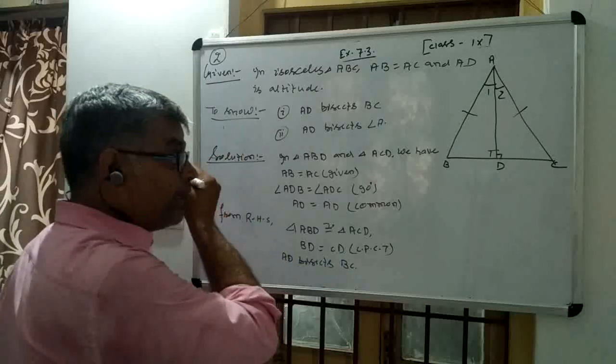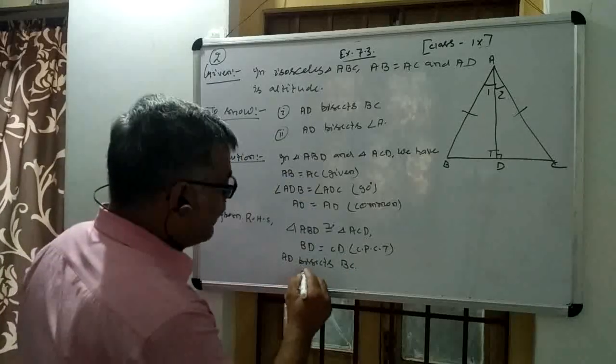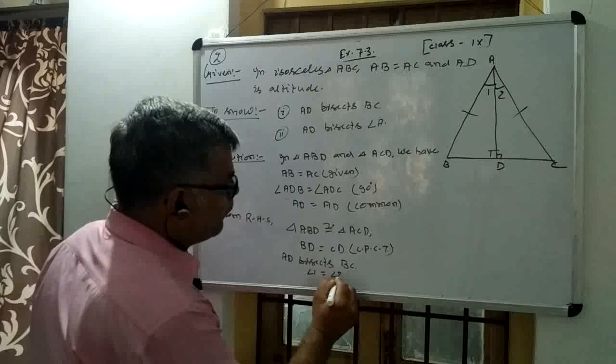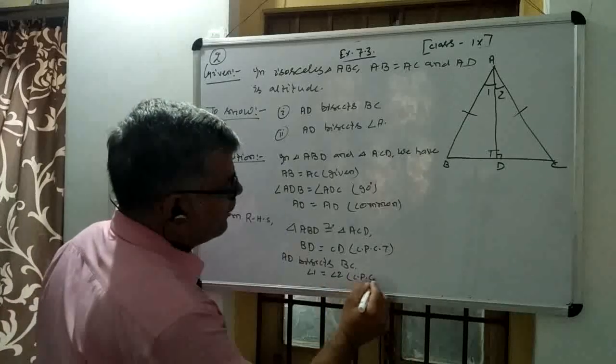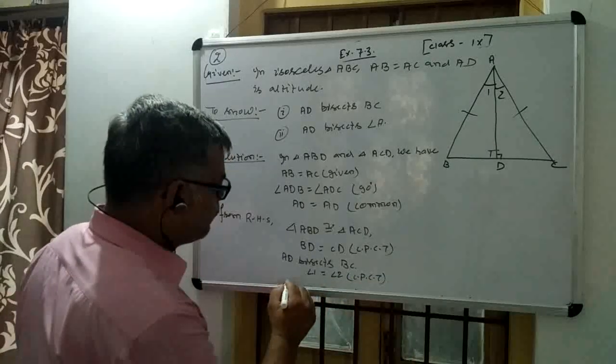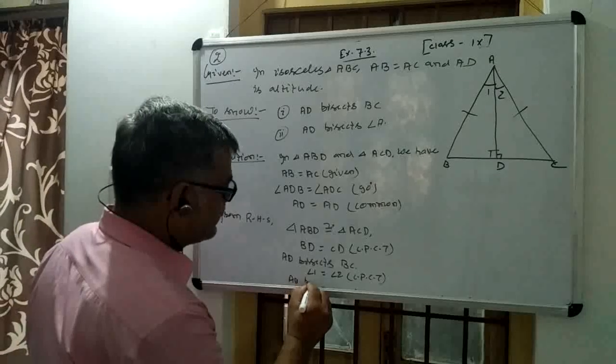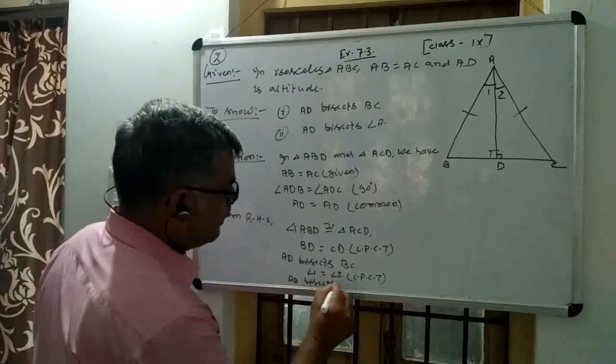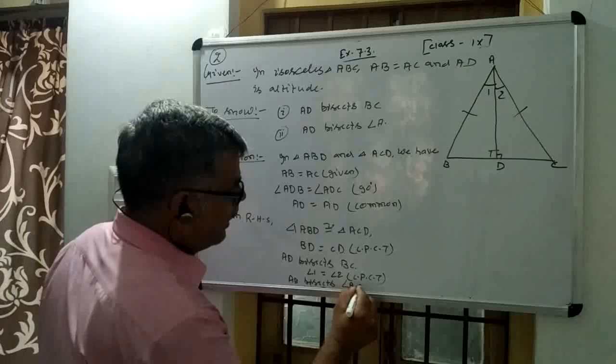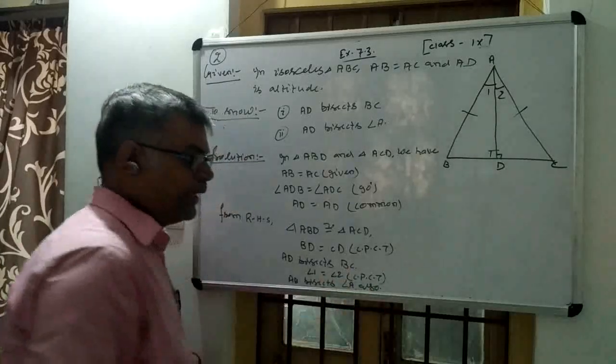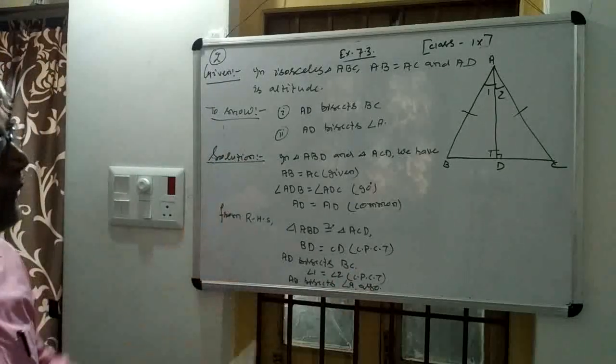And secondly, angle 1 also equals angle 2 by CPCT. And from here it proves that AD bisects angle A also. So in this way, this question has been completed.